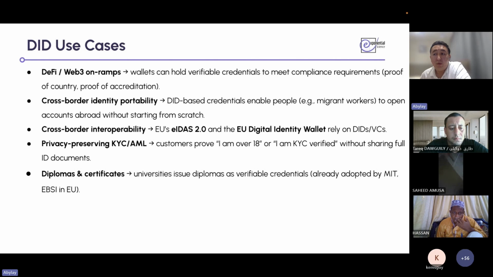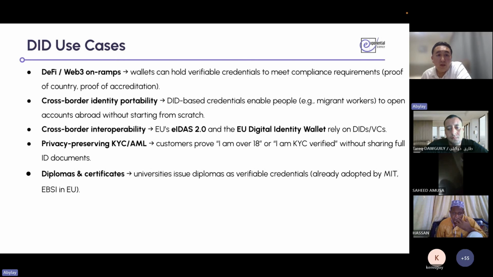But some protocols might have compliance requirements to access some exchange or some staking pool and so on. In that case, you can use these verifiable credentials. So wallets with verifiable credentials can access it and prove their country and so on without centralized KYC, basically, which is great, I think.